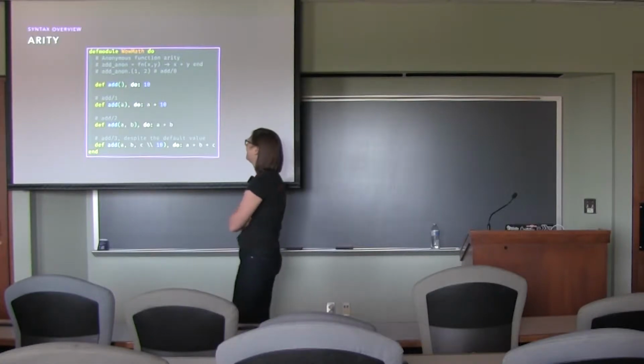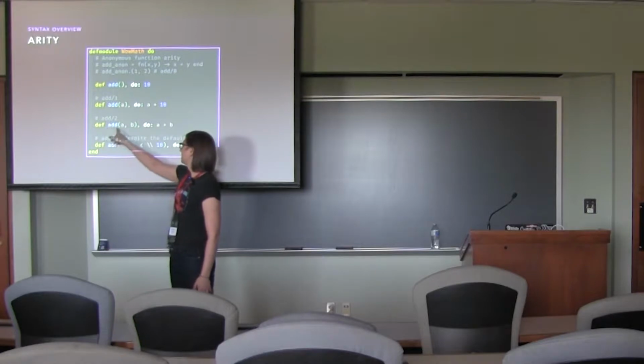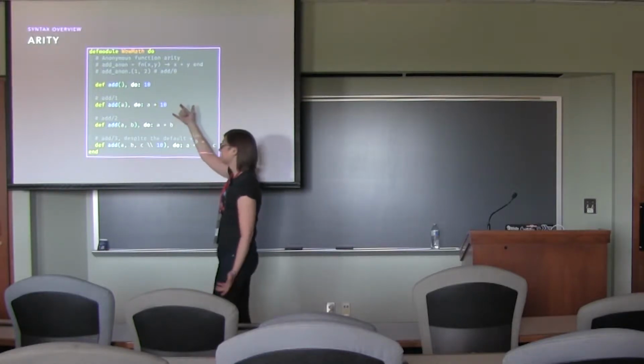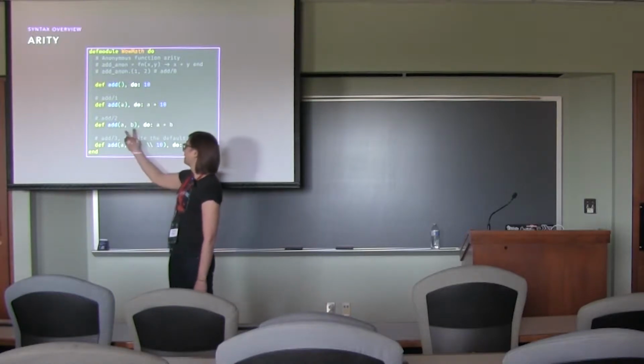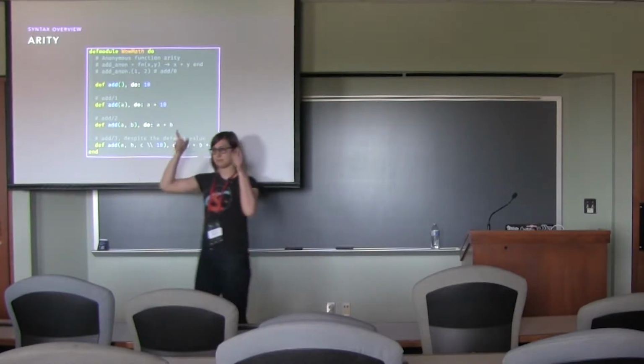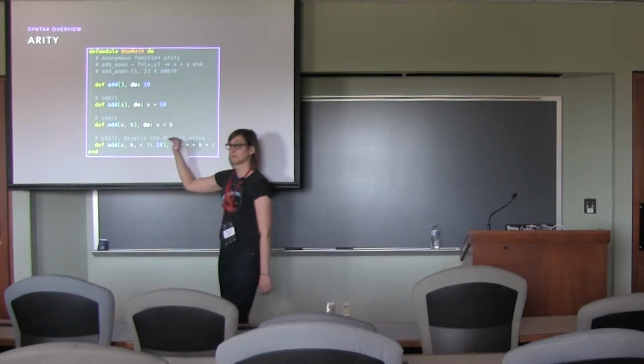So here we have /1, /2. They have separate do bodies. And this is, again, kind of like that pattern matching we were doing on the previous slide, but it's looking at how many arguments are getting passed in. It will match in both the previous slide and this one from top to bottom. Right?